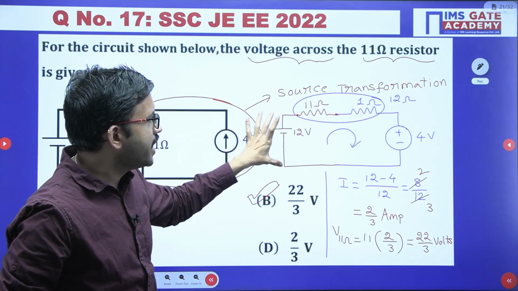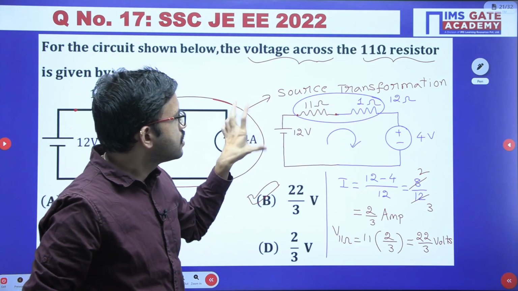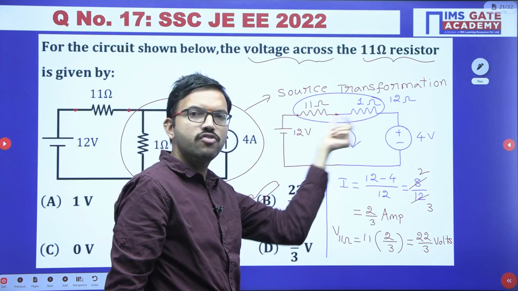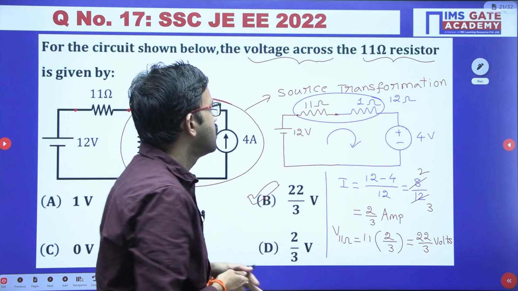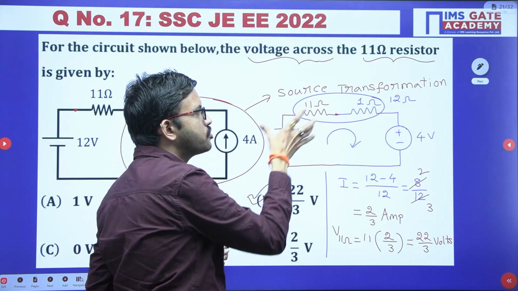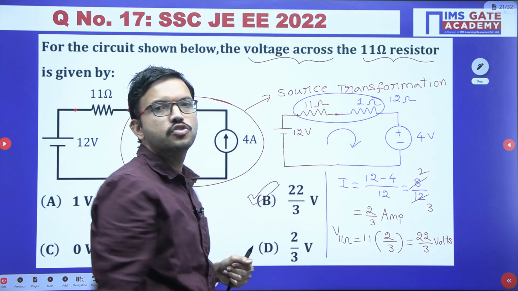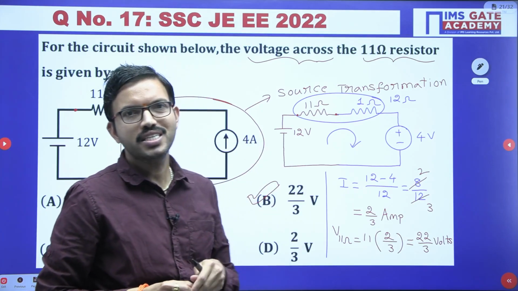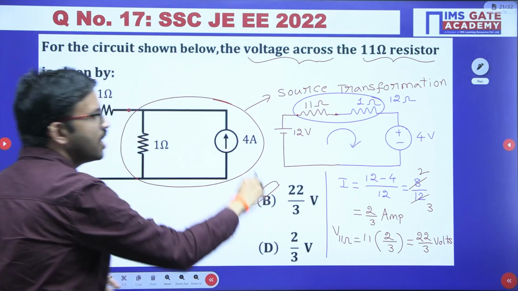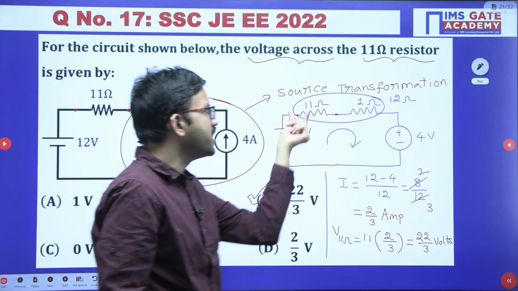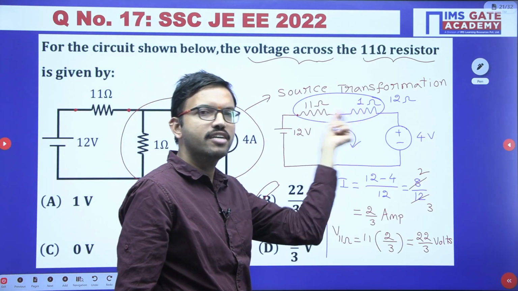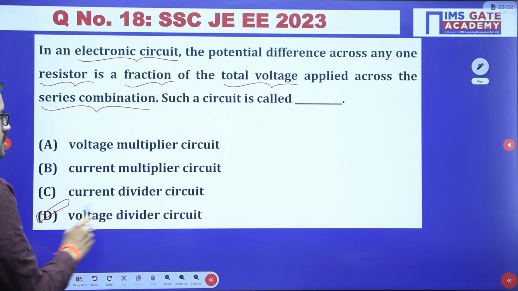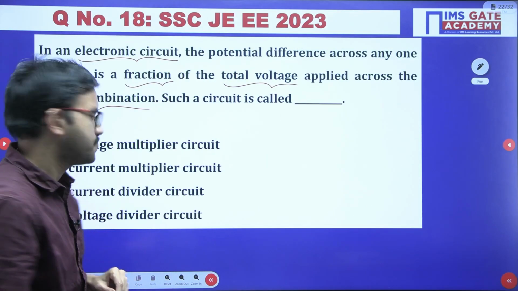So for this network, you are having 11 ohm, 1 ohm and then 8 volt source. That entire 8 volt source is getting distributed across these two resistors, that's all. That means here we are performing voltage division operation. In series, current will be same, but voltage is getting divided across the elements. So that means it is the voltage divider circuit.